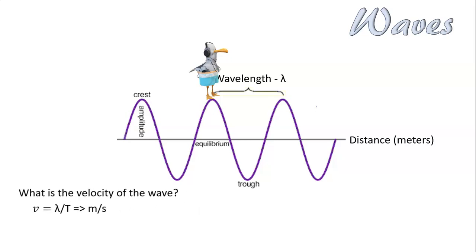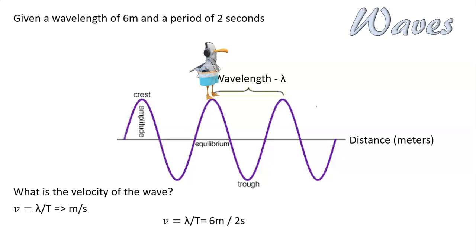Very good. Let's even work a problem like that. Let's say we're given that the wavelength here is 6 meters and the period is 2 seconds. Well, we should be able to calculate that, right? Because we would just put the wavelength on top, 6 meters, divided by 2 seconds, and real simple, we get 3 meters per second.